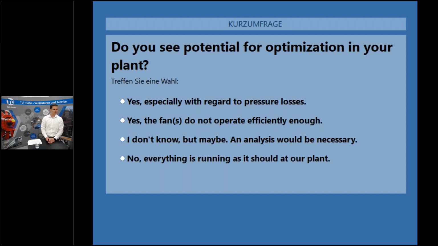Okay, most of you may not know now, but maybe an analysis would be helpful in order to understand. That's the most given answer right now, about 50%. And minor answers, or let's say 35% know that they have optimization potential. So thank you very much for participating.